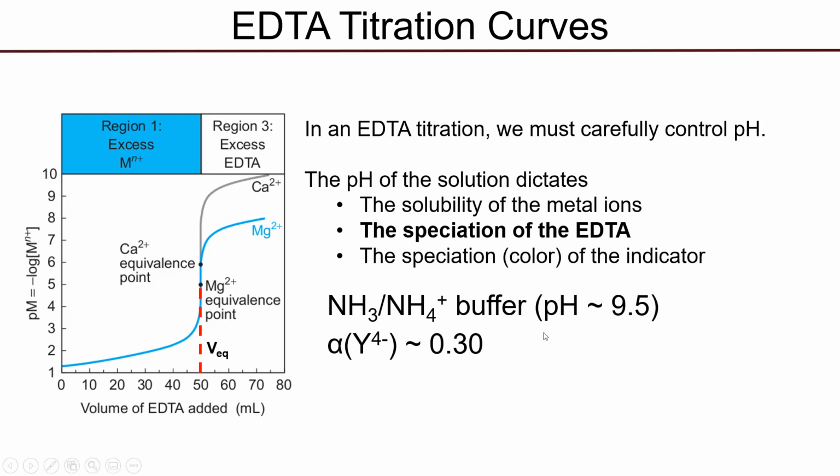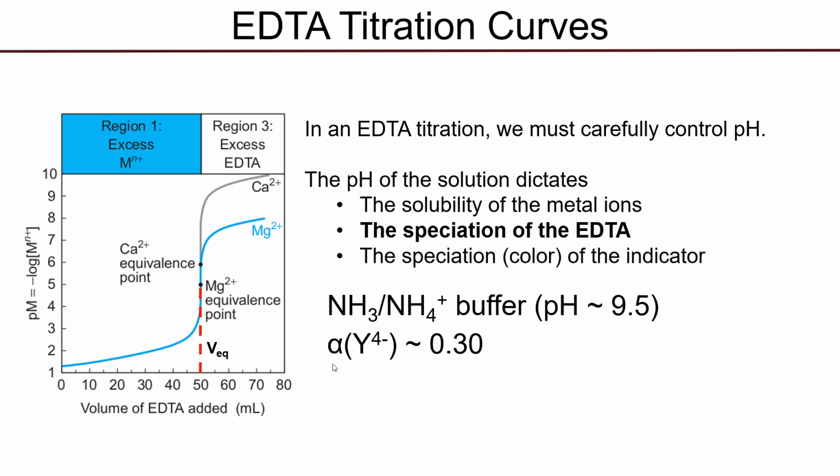So if we have buffered our EDTA titration solution to pH 9.5, that guarantees that pretty much all our EDTA will be in either the HY3- form or the Y4- form itself, which are our two forms of EDTA that will most effectively complex our metal ions. So in general, what we're saying about the pH of an EDTA titration solution then is it needs to be basic, but not too basic to be successful.